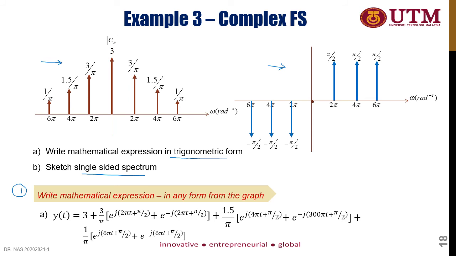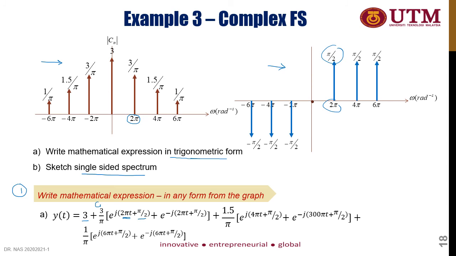Start with C0, which equals 3, plus C1 e^(j omega naught t), for the first one, positive omega naught. The phase at 2 pi is positive pi over 2, so that's why it is positive pi over 2.